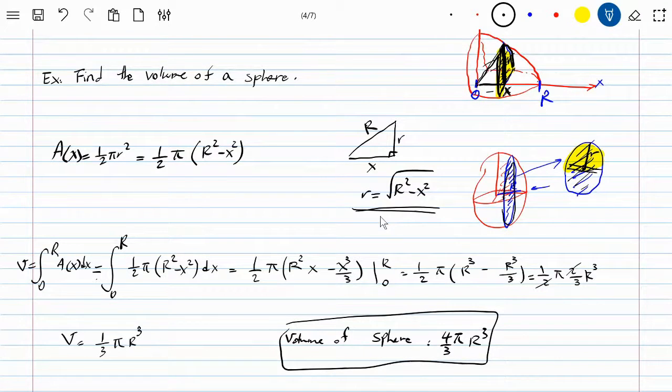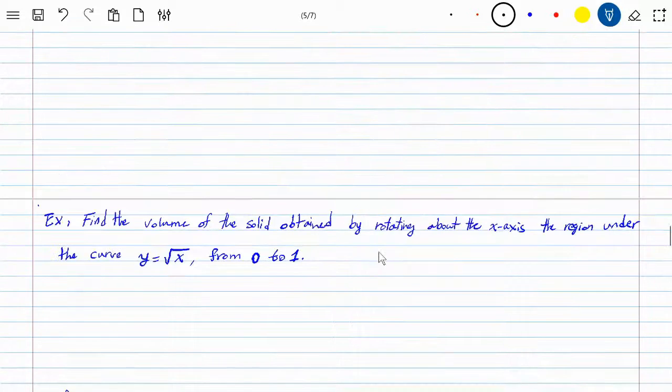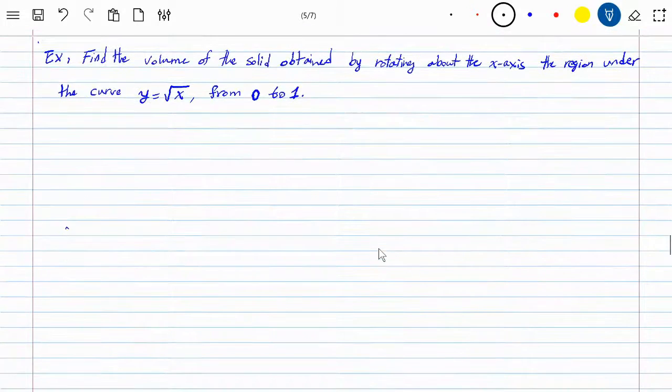If you figure that out, it's just integration after that. Here's another example: find the volume of a solid obtained by rotating about the x-axis. Here you're given the square root of x function. This is how square root of x looks from 0 to 1.